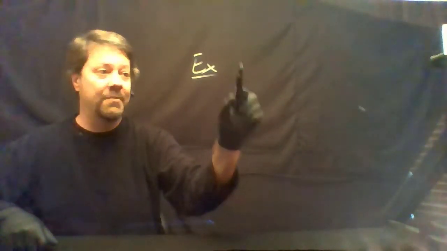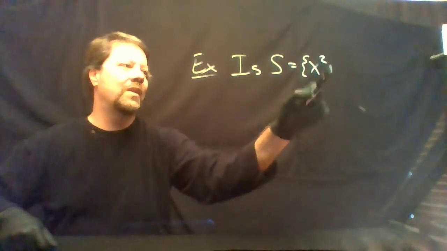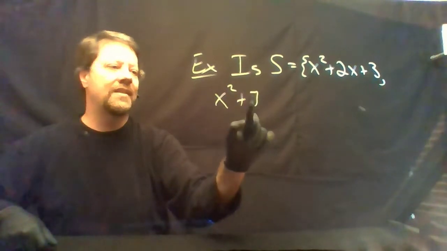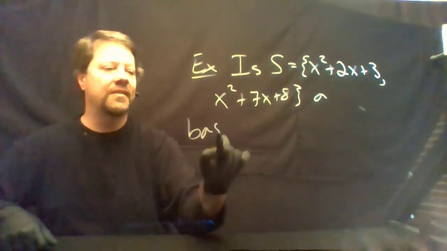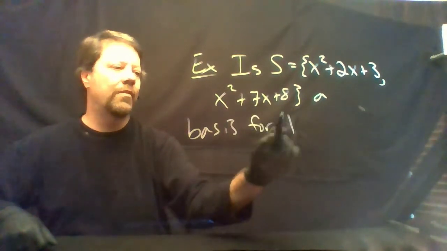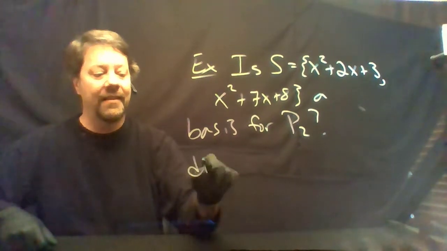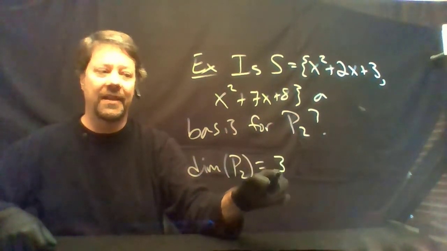In our next example, I ask, is the set S equal to x squared plus 2x plus 3, x squared plus 7x plus 8 a basis for P2? Recall that the dimension of P2 is 3.